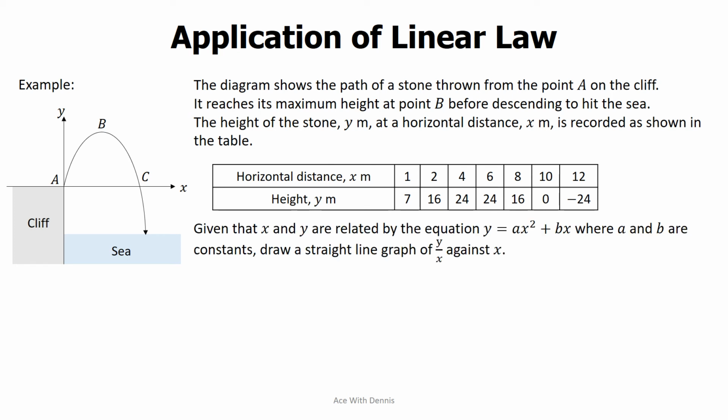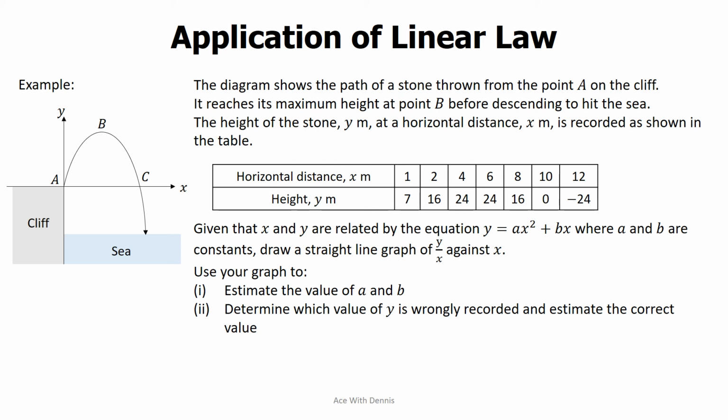Given that x and y are related by the equation y equals ax squared plus bx, where a and b are constants, draw a straight line graph of y over x against x. Use your graph to estimate the value of a and b.